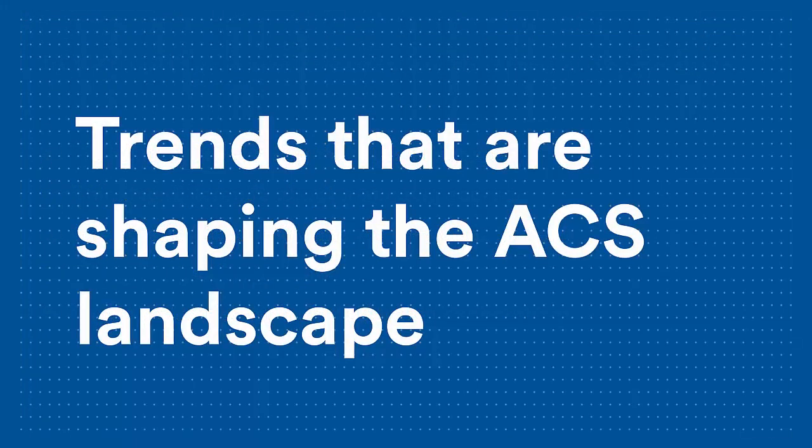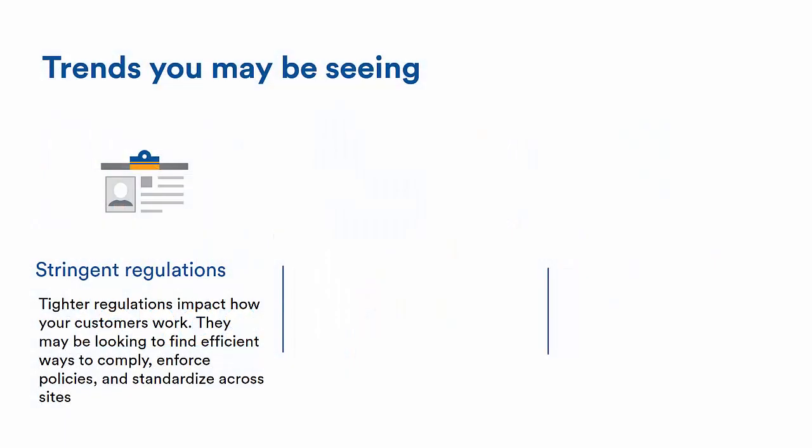So, in talking with our customers, with analysts, and with journalists, we've seen the access control landscape evolve over the years, and you might have seen them as well out in the field. So, one trend you might be seeing is the increase of stringent regulations that impact the way your customers work, forcing them to look for different ways to comply, enforce policies, and standardize across sites.